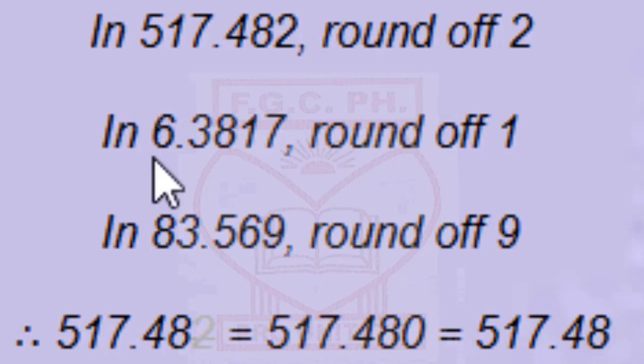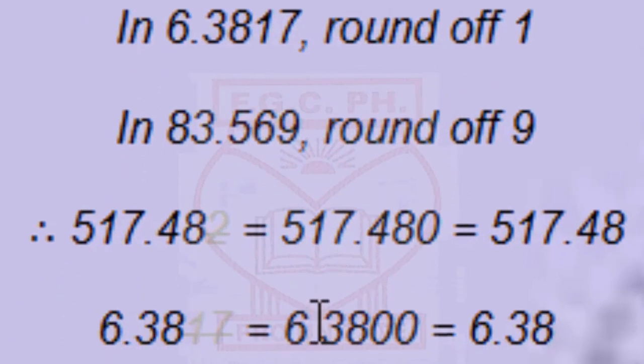The same way you go if you want to approximate 6.3817 to the nearest 100th. The 100th digit here is 8, so we are going to round down 1. So we have 00 coming from 17, so we have 6.3800, which would become 6.38.